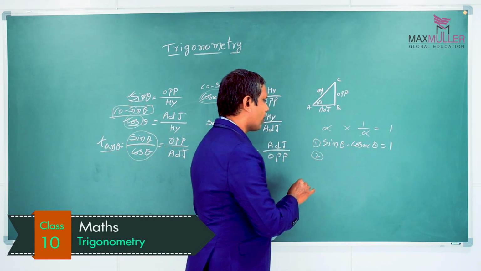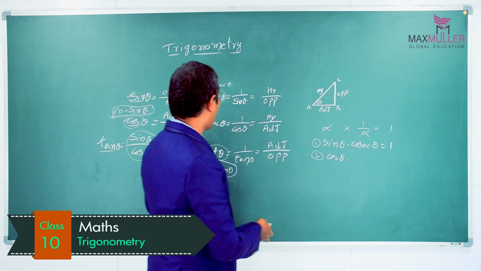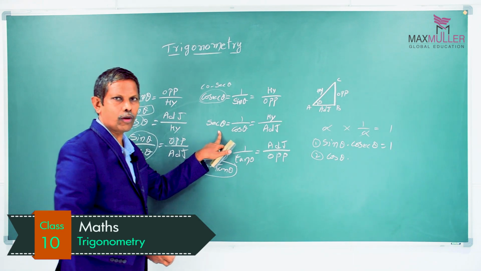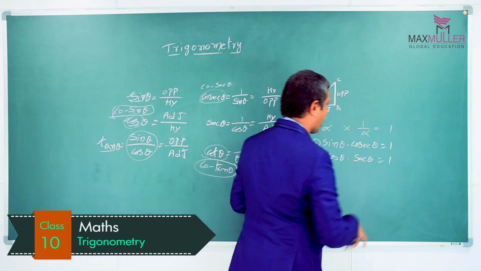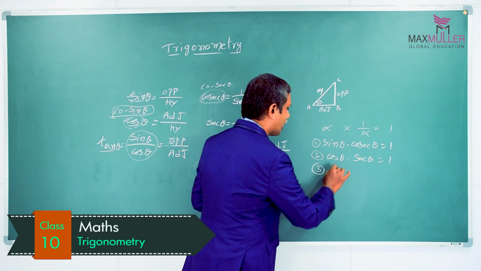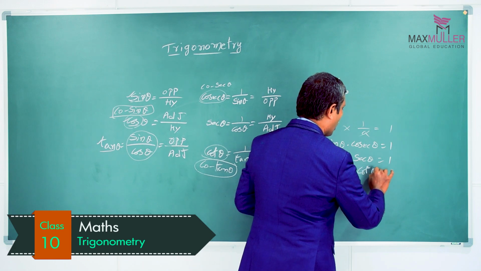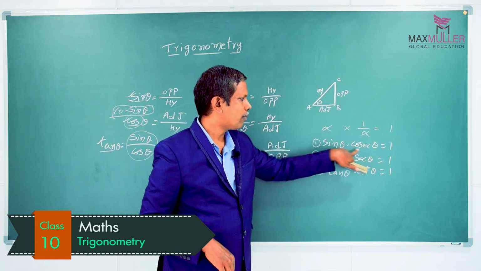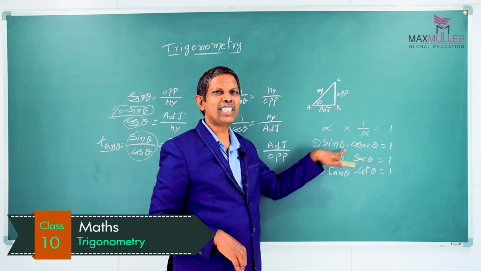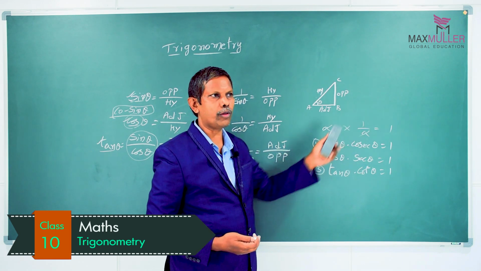Second one, cos theta and its reciprocal secant theta is equal to 1. Third one, tan theta and its reciprocal cot theta is equal to 1. So the product of a number and its reciprocal is equal to 1, as A times 1 by A in our numerals.